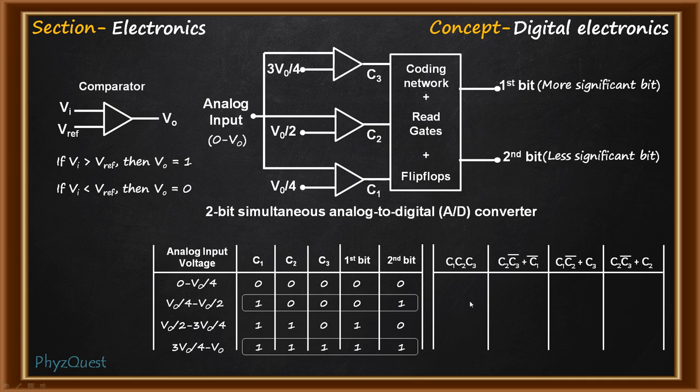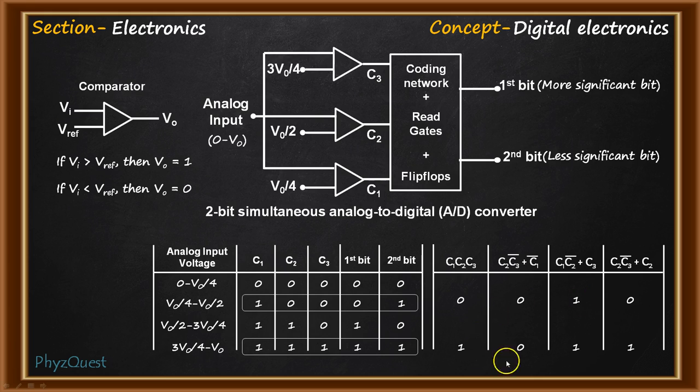So when we check the two sets of values of C1, C2 and C3 in the 4 options, the values came out like this. As you can see, for this combination of logic gates, we have got the output 1 and 1 for both sets of combinations of C1, C2, C3.